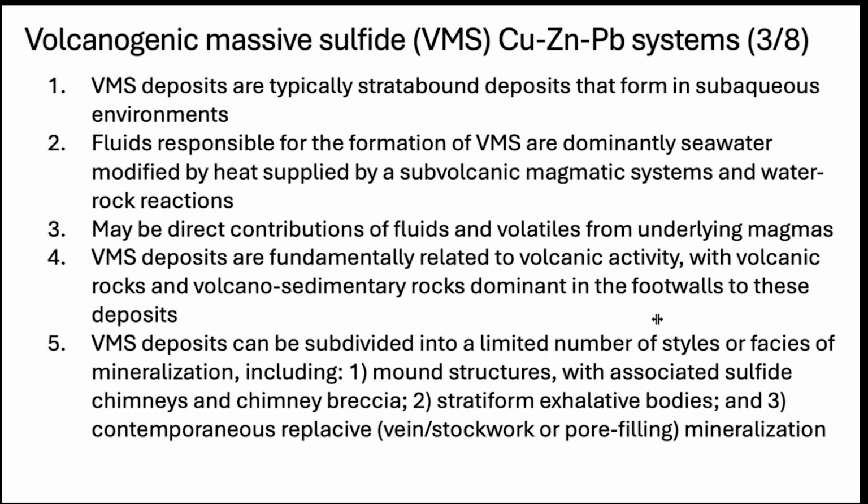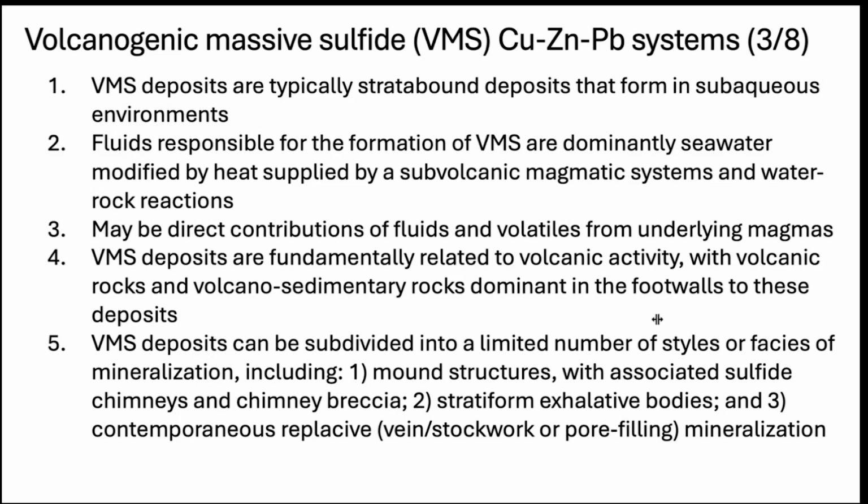Okay, so VMS deposits are typically strata-bound deposits that form in subaqueous environments, typically on the seafloor. The fluids that are responsible are dominantly seawater, which gets modified by heat from a magma chamber or subvolcanic magmatic system and through water-rock reactions.